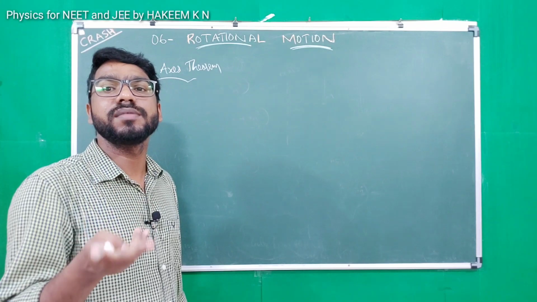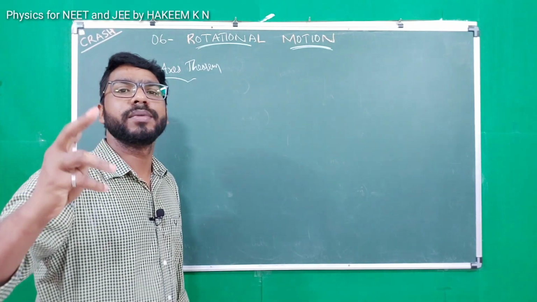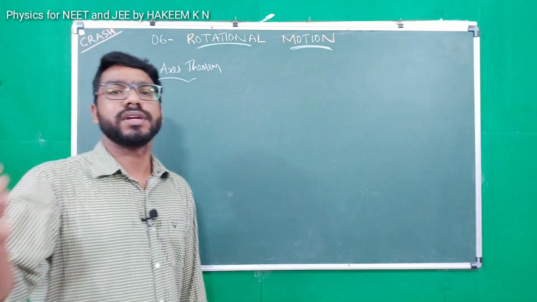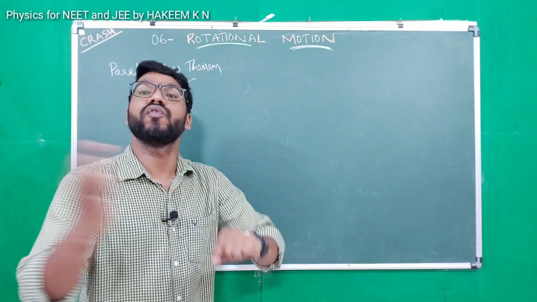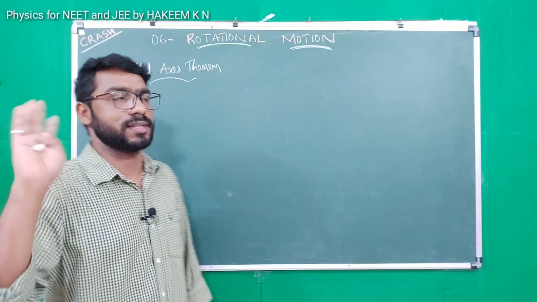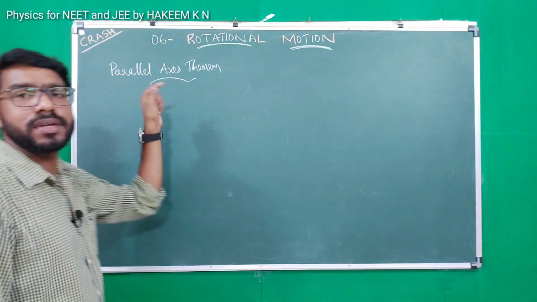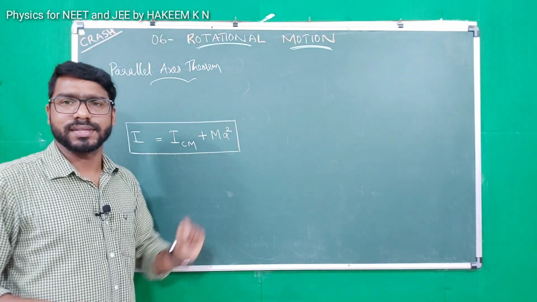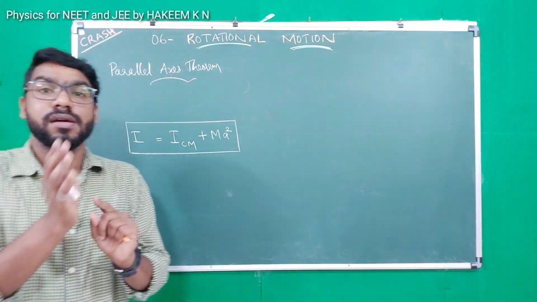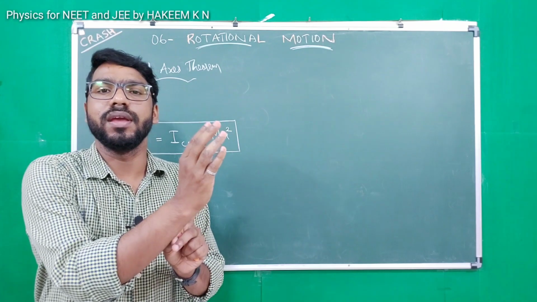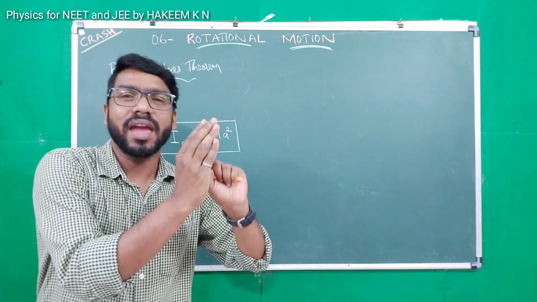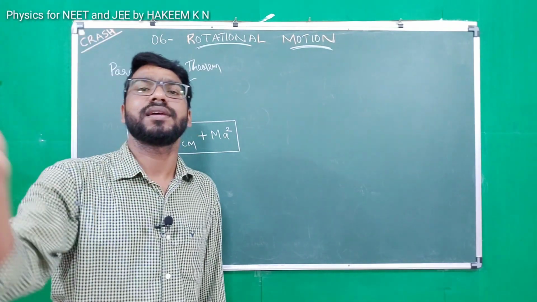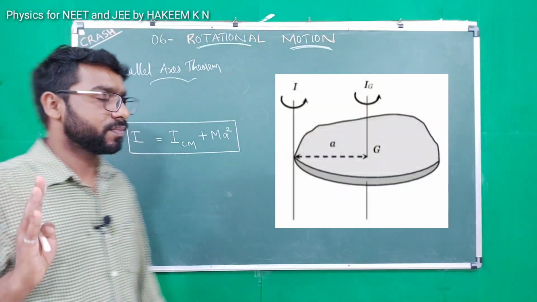There are two theorems to find moments of inertia of rotating bodies about different axes. The first theorem is the parallel axis theorem. Using the parallel axis theorem, we find the moment of inertia of the body when it is rotating about an axis parallel to the axis through the center of mass.